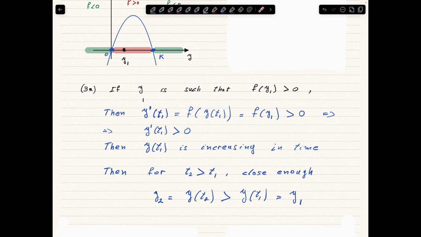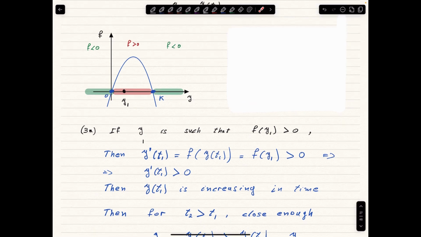So if we want to graph this number, the function evaluated at a later time than t1, then this number is going to be bigger than the number y1. So it cannot be here. It has to be on this side. It has to be there. I don't know where, but to the right.